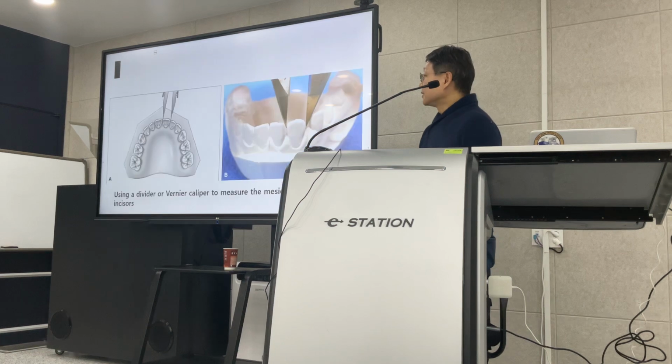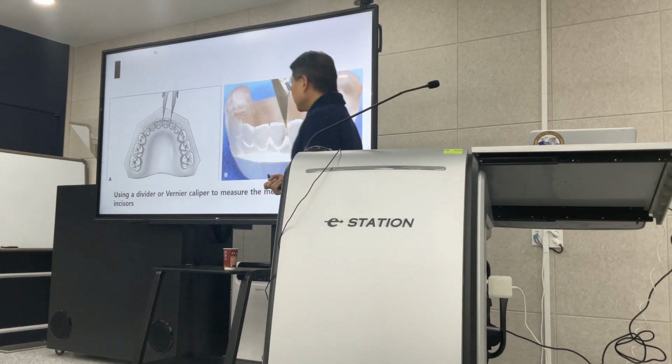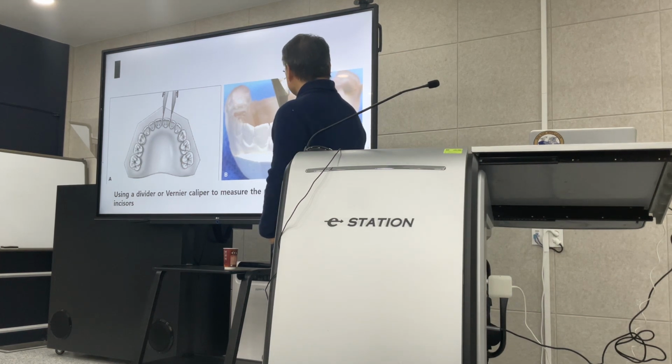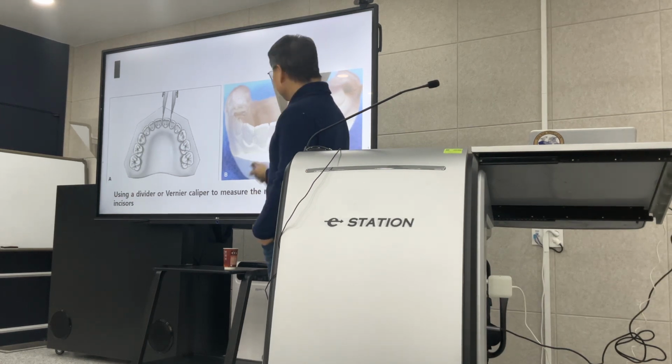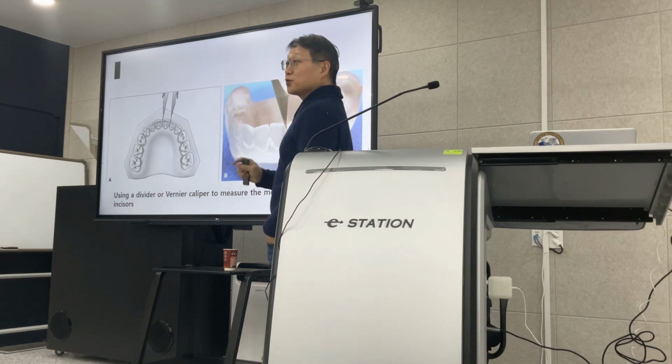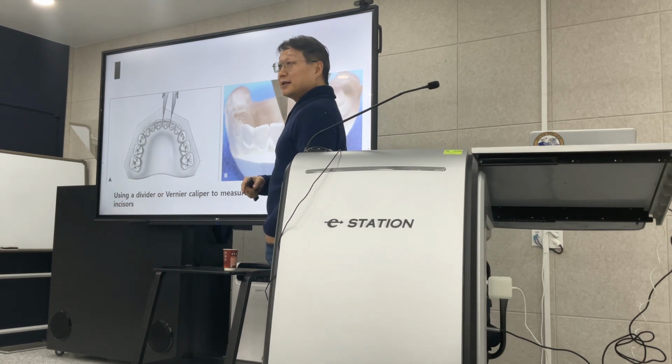Understand? So when you calculate, this is the vernier caliper. Someone said from the contact point is important because mostly from here to here the contact point is the widest area, right?